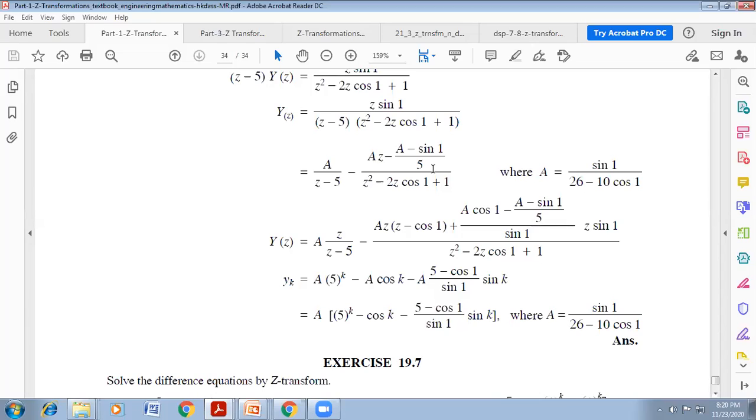Then at last we studied Z transformation and how to solve difference equations by using the Z transformation method. So to solve this problem, first of all you have to find out what Z transformation is and how you can find the Z transform of any sequence.